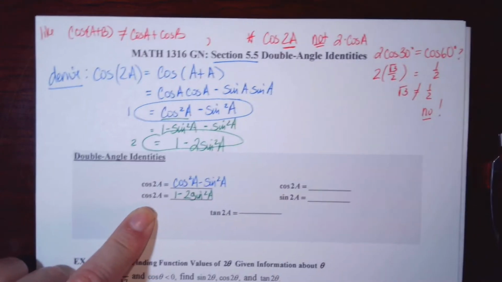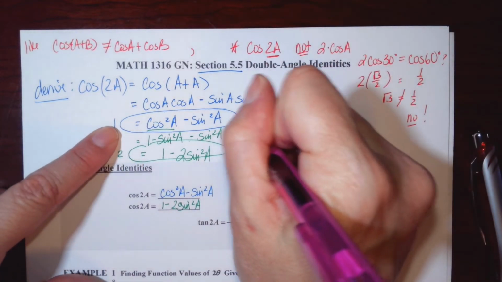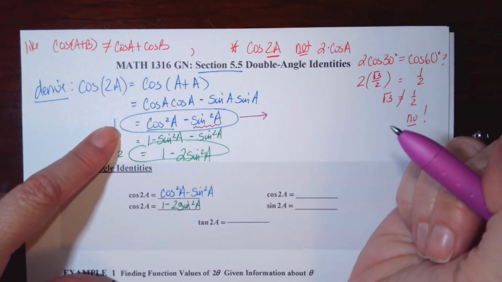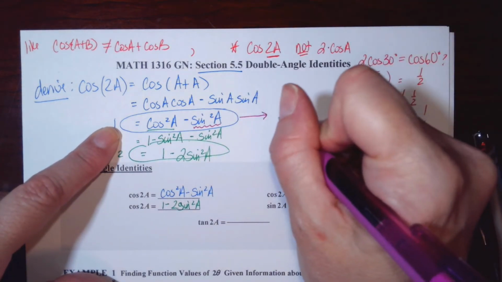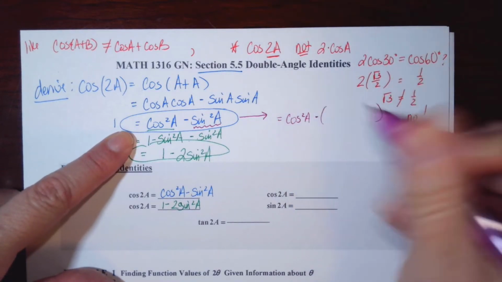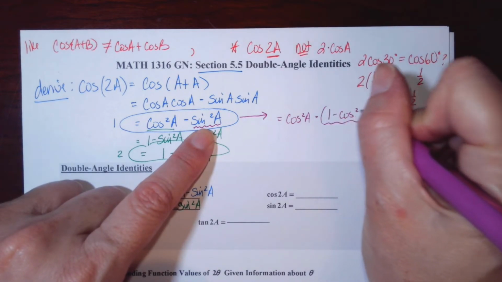Or I could go from here sideways and replace the sine squared. If I replace that, I would have cosine squared a minus, and then my substitution for sine squared would be 1 minus cosine squared a.